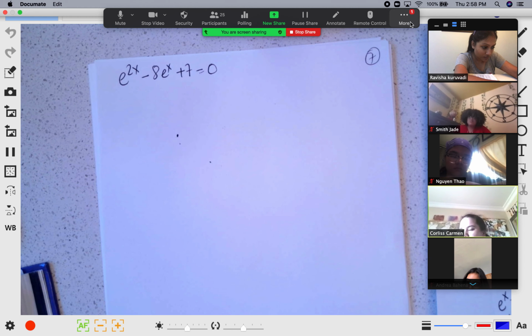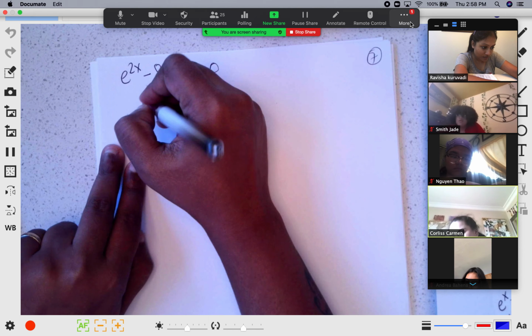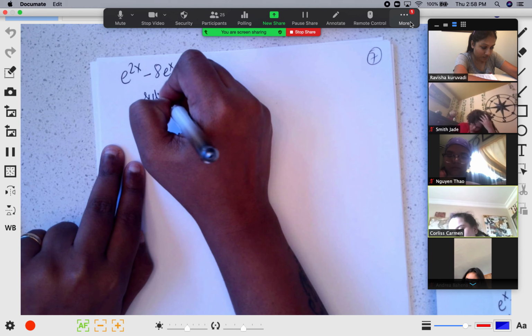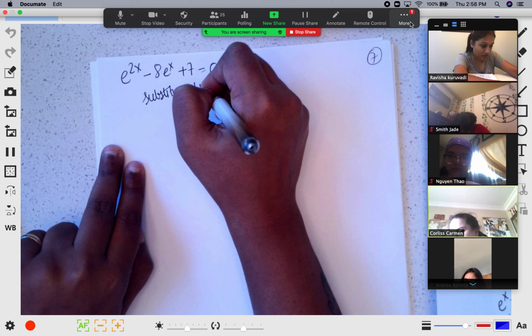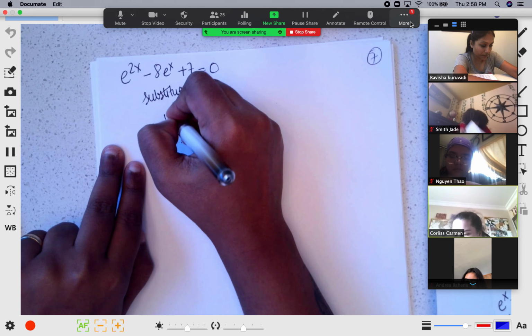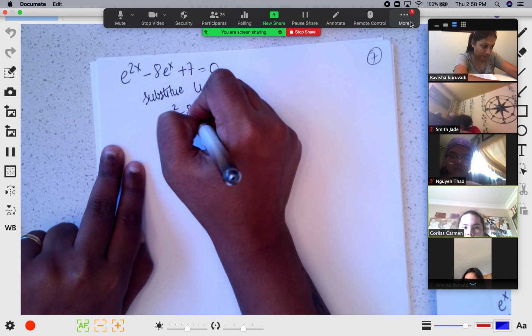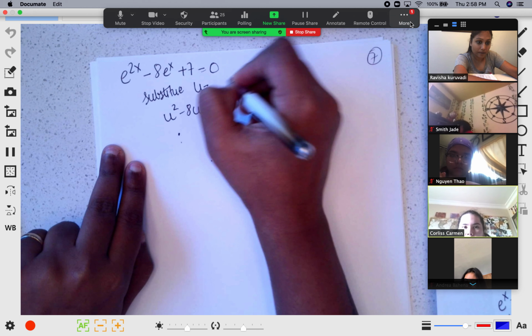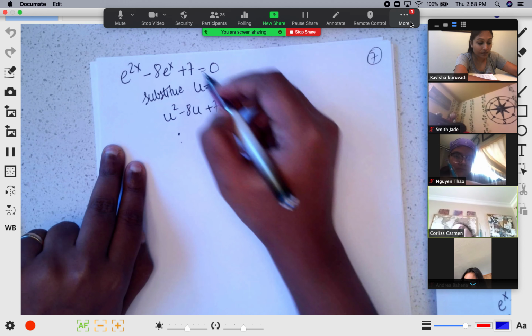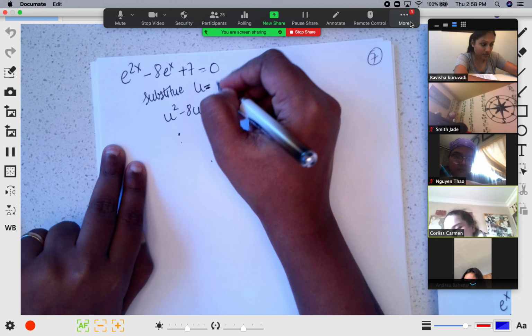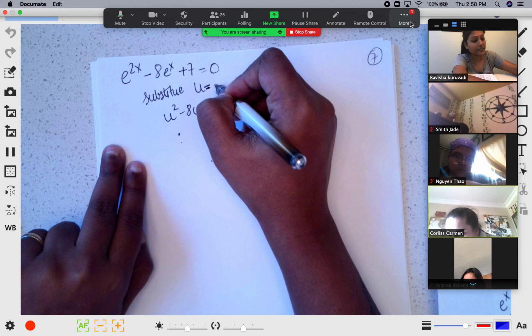Okay. So you would put it in the quadratic formula. So it's u to the power 2 minus 8u plus 7 equals 0. And you substituted u as what? What's your u? u equals e to the power of x. Okay, perfect.